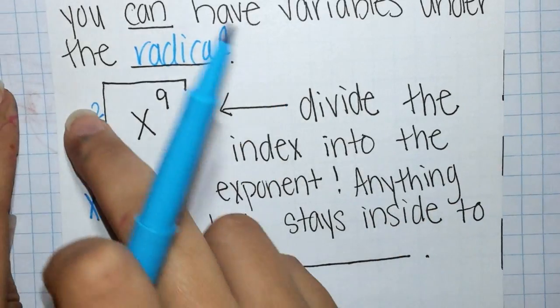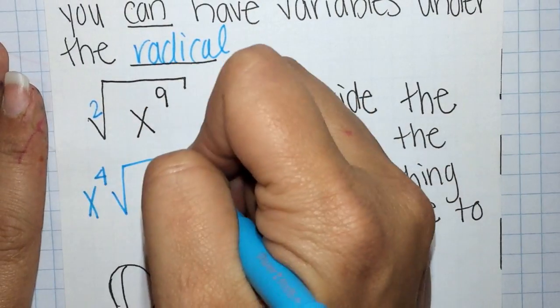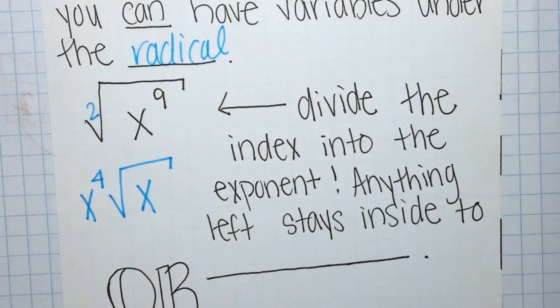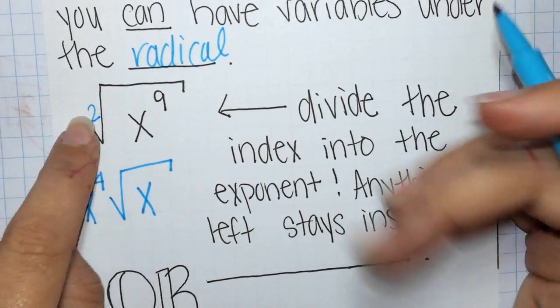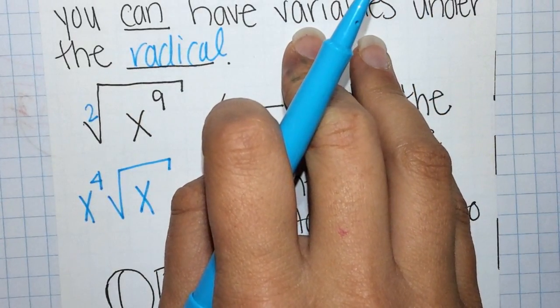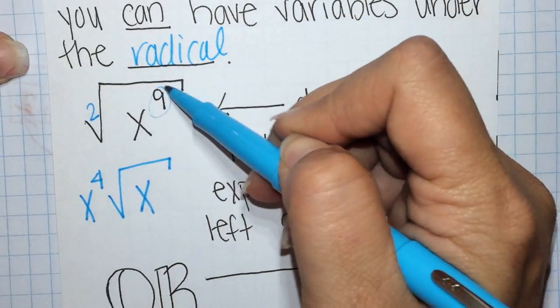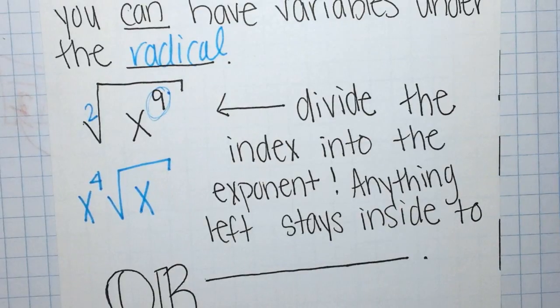Okay. Alright, so 2 goes into 9 4 times. How many would be left over? 1. 2 goes into 9 4 times, and 2 times 4 is 8. So how many would be left over? 1. And that's what stays inside. That's all you do.